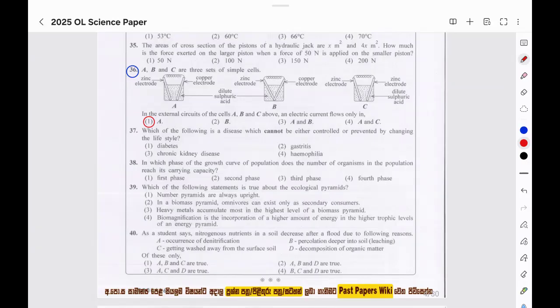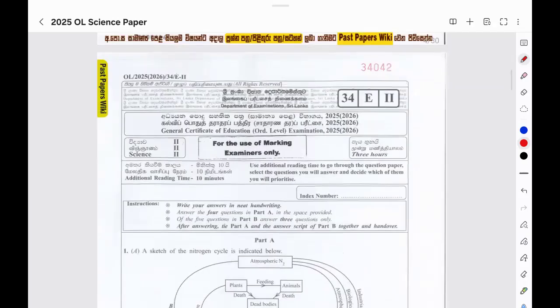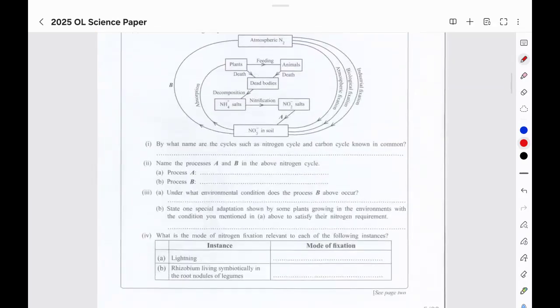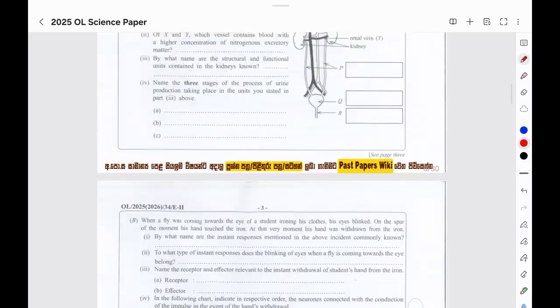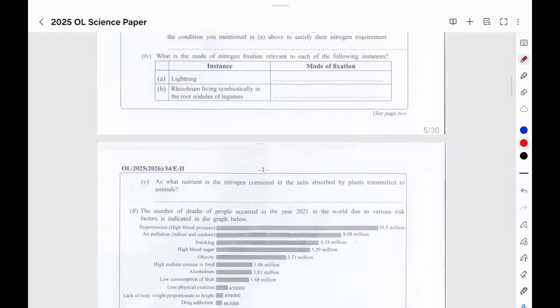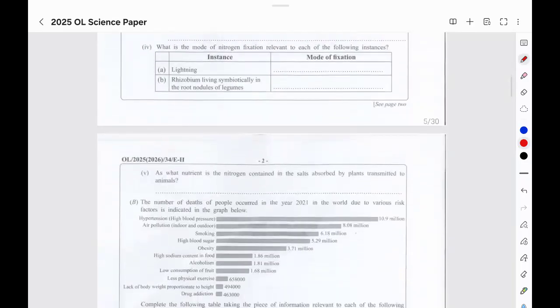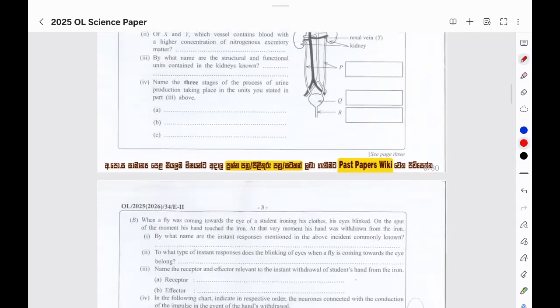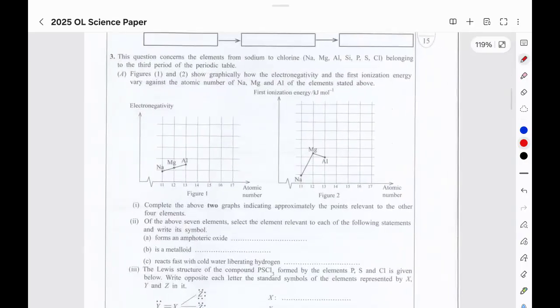Right. Okay. Now let's move to the chemistry questions in the essay paper, second paper. Look at the third question.